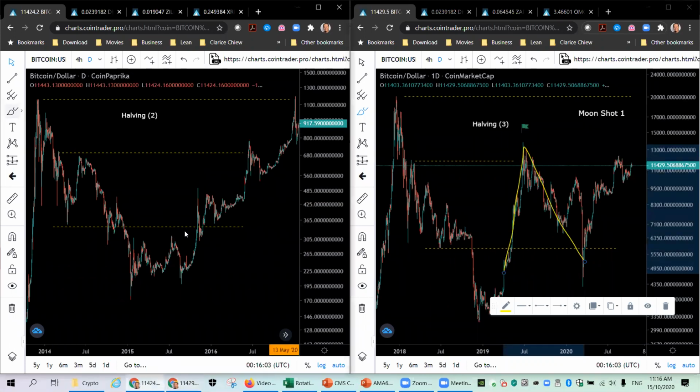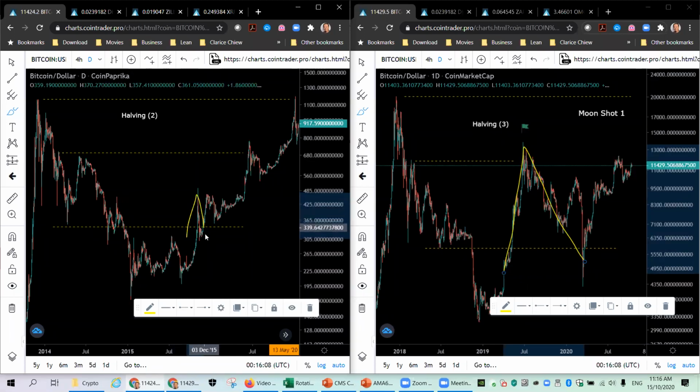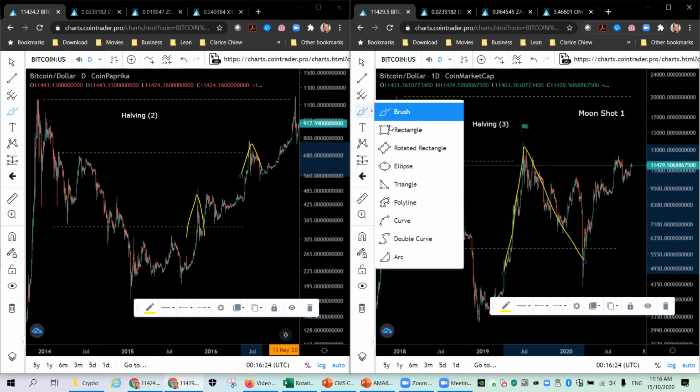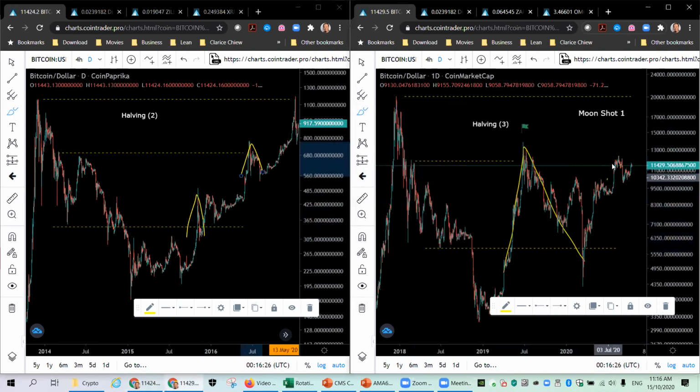Whereas in the first and the second halving, it only came back up halfway, and then went back down to test the support. So that's one big difference. But the second one, in terms of testing this resistance, this is where we are currently. So we seem to be testing the second resistance at this point.